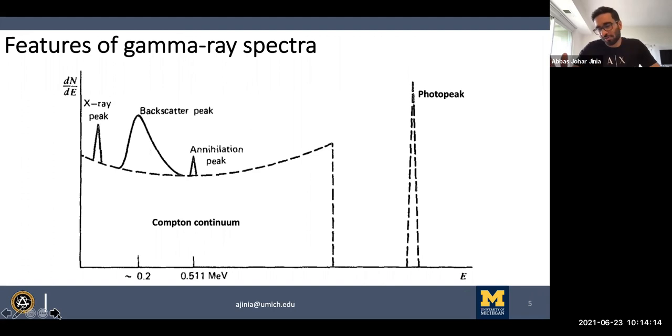If you have a source, a very typical spectrum will look something like this, where we have a photopeak, a Compton continuum, then a backscatter peak, annihilation peak, X-ray peak, etc. These are general features. If someone gives you an energy spectrum from gamma rays, these are the features you are going to see. What information we get from this spectrum is what we're going to talk about next.